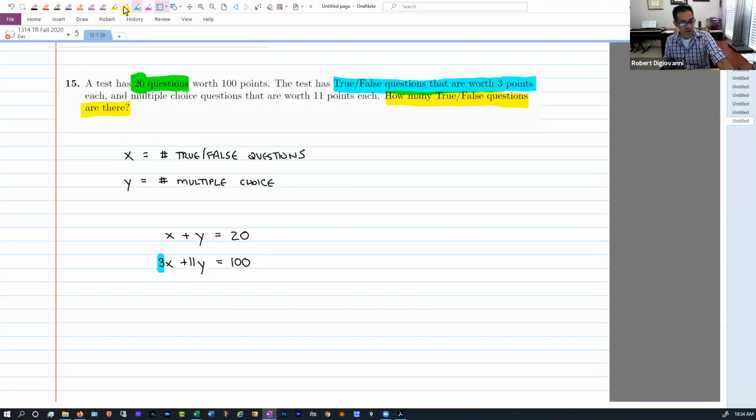And then each multiple choice question is worth 11 points. So we put 11 in front of the Y because Y is the number of multiple choice. And we know that when we add those up, they better equal the 100 points that the test is worth, right? So we actually had to use that 100 also. And that's it. Those are our equations.